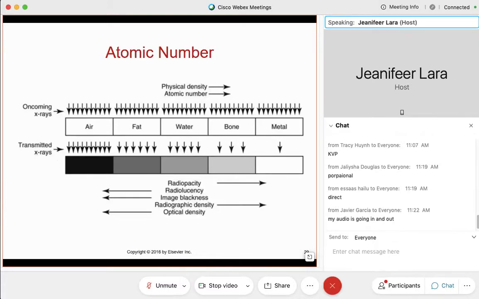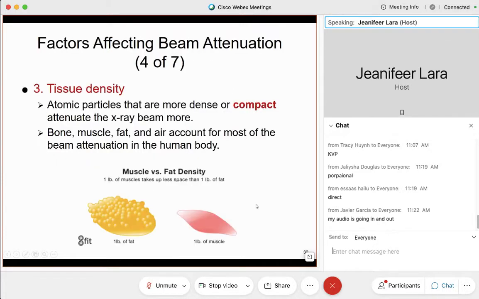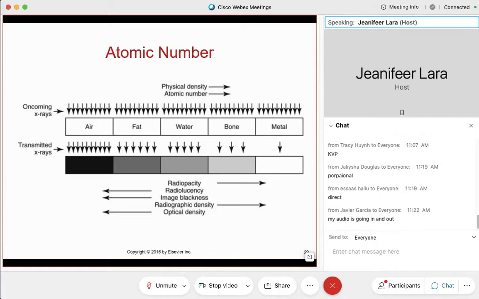Study your definitions. Dissect your definitions so that you understand what is being said. Any questions on atomic number? No?